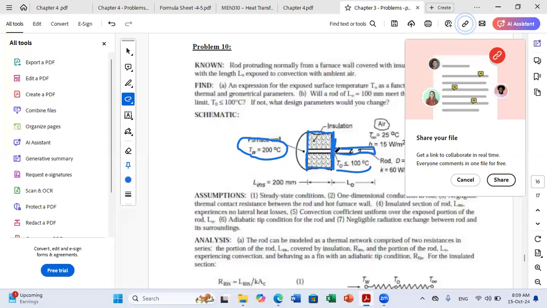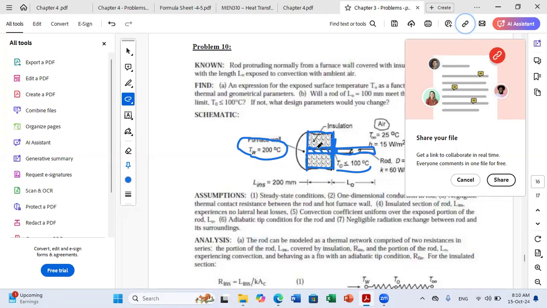Okay, so here our fin will start from the furnace wall, but in the first part, it is within an insulation. Since it is covered by an insulation, the fin in this part will not be subjected to convection. So you only have conduction. Because you are insulating, you need to reduce the conduction flux, because if you have high resistance to conduction, this will lead to a smaller temperature at the surface.